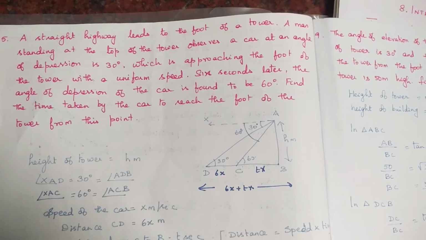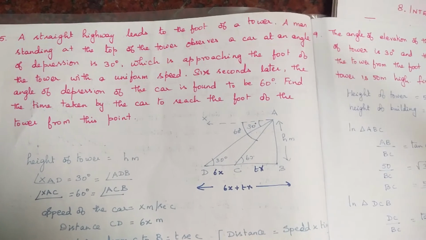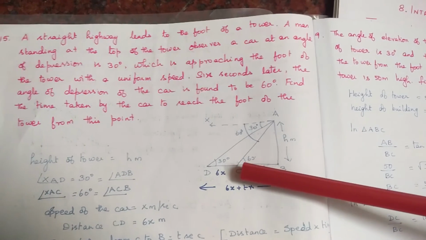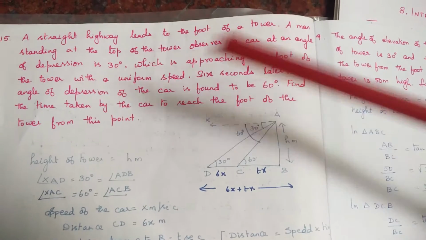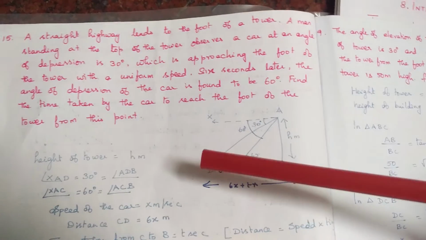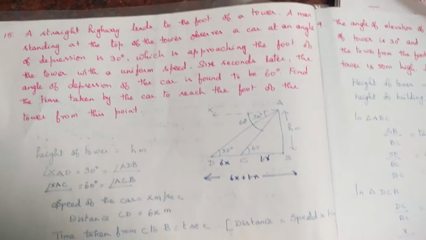So after those 6 seconds, from the top he will see the same car at an angle of 60 degree. Find the time taken by the car to reach the foot of the tower from this point. So how much time it will take from point D to C, that only you have to find.